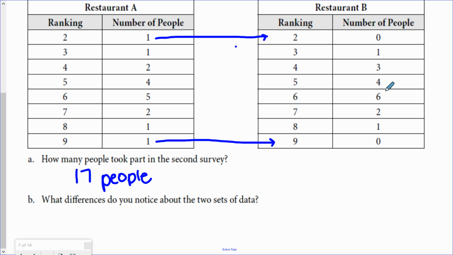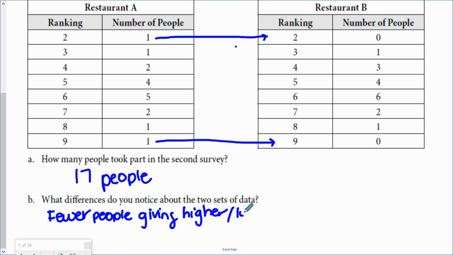And we see that at 6, we have even more people close to where we think the mean would be. So we have fewer people giving higher and lower ratings, so the data is less spread out.